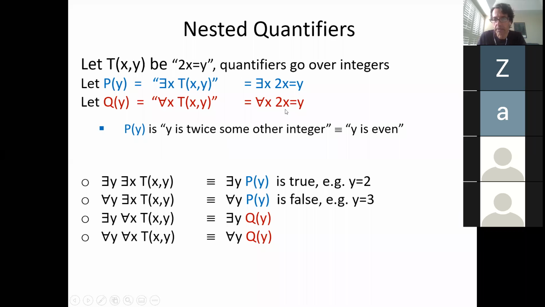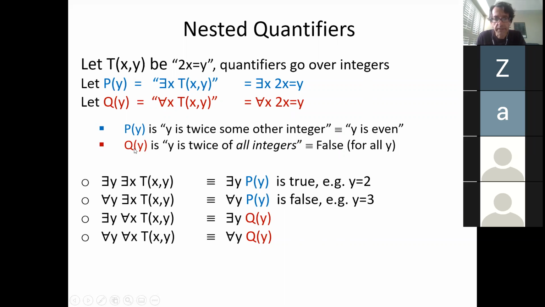Multiplying by 2 somehow collapses all elements into a single one. Perhaps there are some algebras where this is true, but this is not integers, and so there exists a number which is twice all others is false over integers.